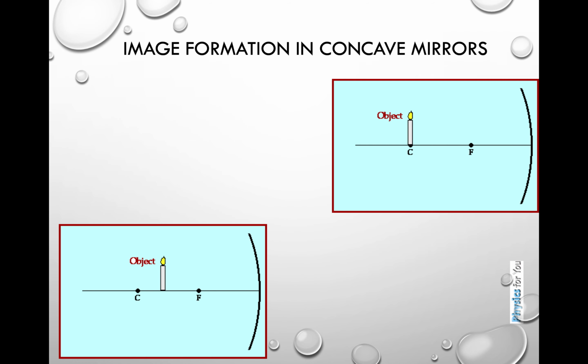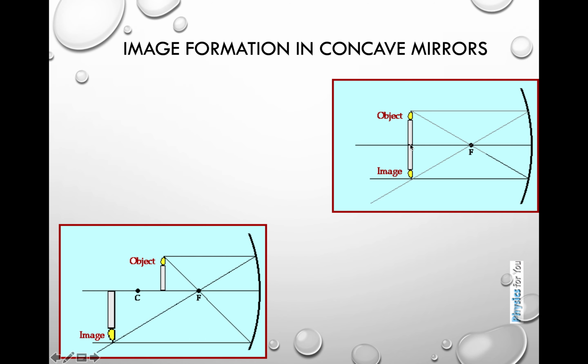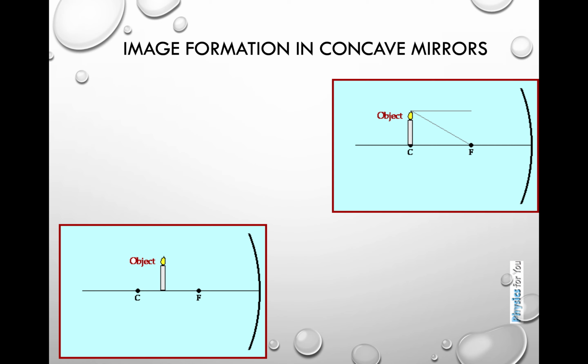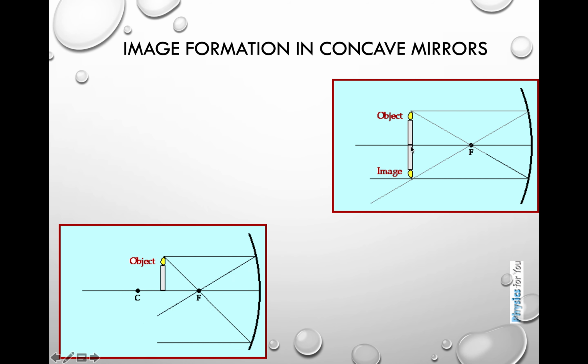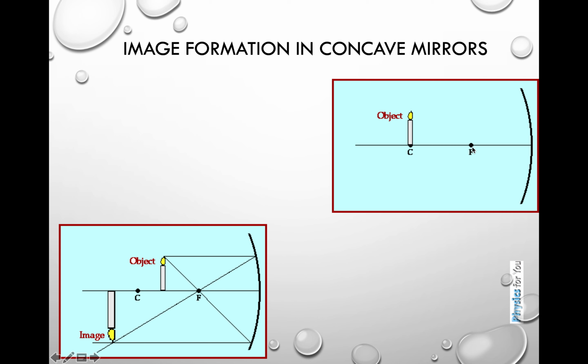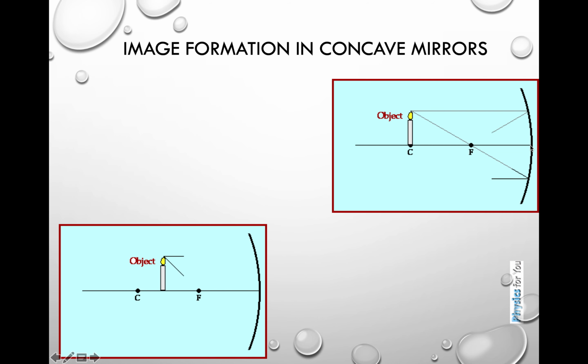The second case would be like this. First, the object is on the center line, or the center point away from this mirror. The center point here equals twice the focal length. The distance from C to F equals the distance from F to the center of the mirror.